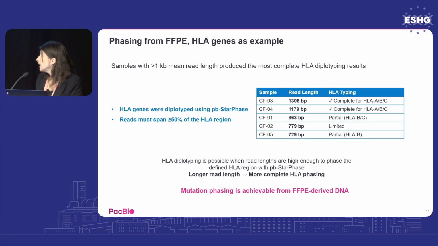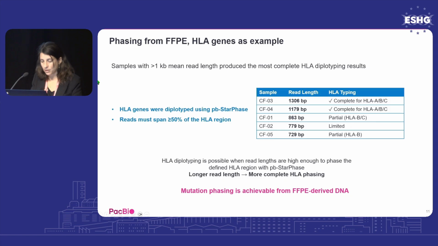And to finish on the analysis, we also tried doing some phasing. We decided to take HLA loci as an example, and we clearly see that when the reads are larger than 1 kb, it was possible to phase the HLA gene well.